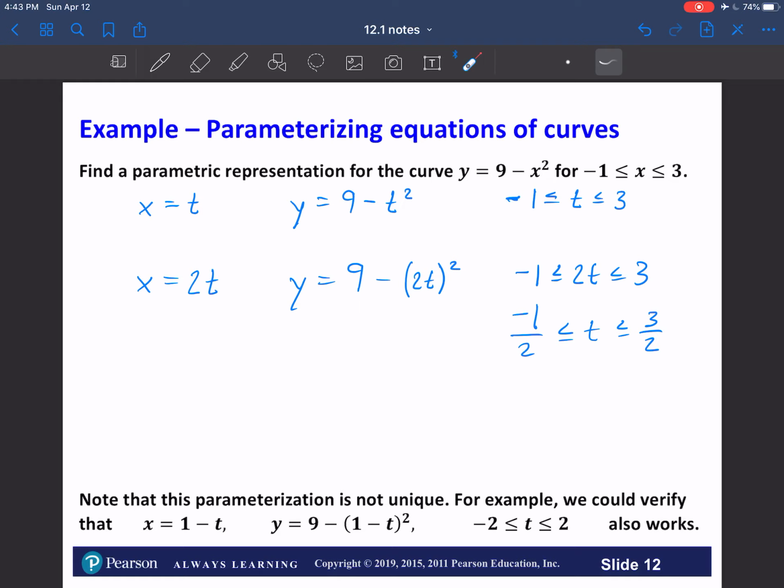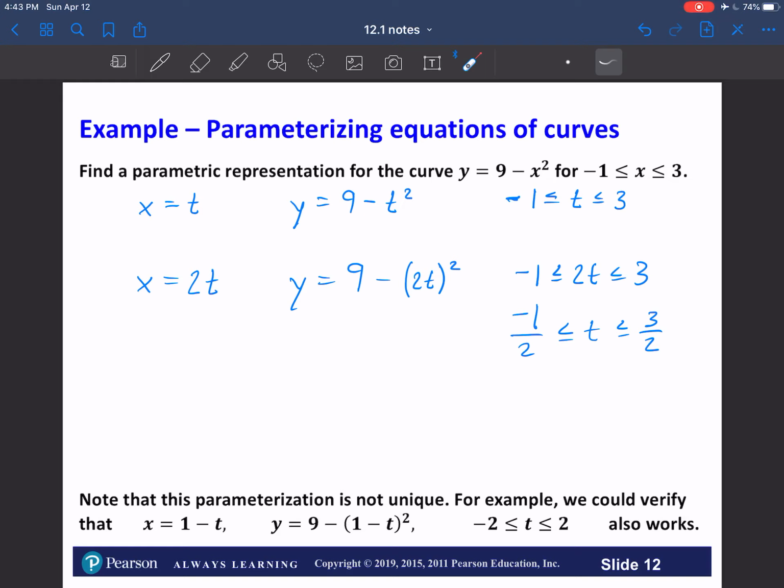The advantage of changing it sometimes might be that you get better bounds for t. So in this first example, you have t ranges from -1 to 3. Let's say for whatever reason you wanted t to range from 0 to 1. Those always look nice when t ranges from 0 to 1. Then you might have to find a particular x to throw in there, and then t would have to be the same thing.